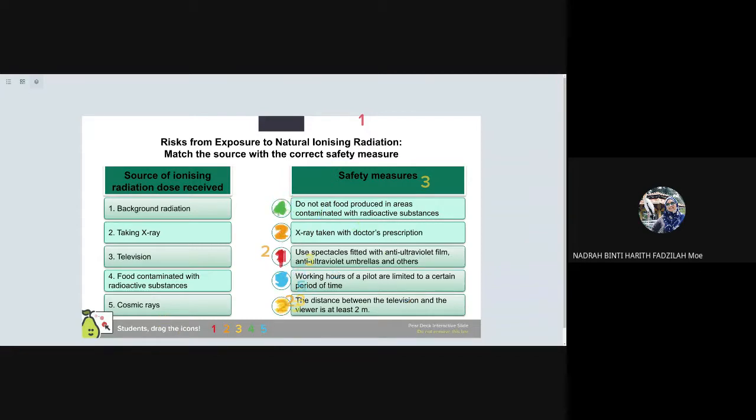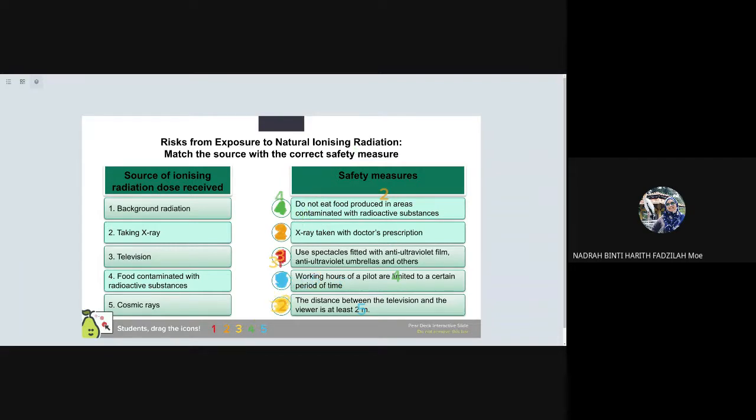Okay, so number one, background radiation. Use spectacles fitted with anti-UV film, an anti-UV umbrella and others. Itu adalah safety measures sebab ionizing radiation yang ada pada environment, yang paling prominent adalah UV rays kan.